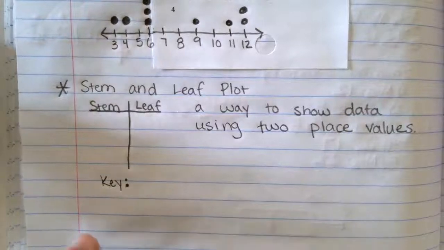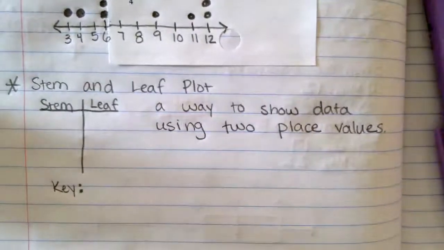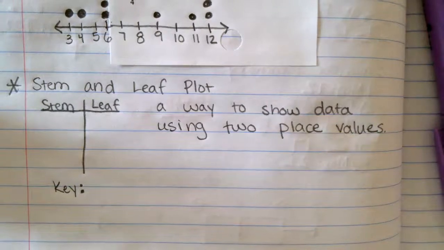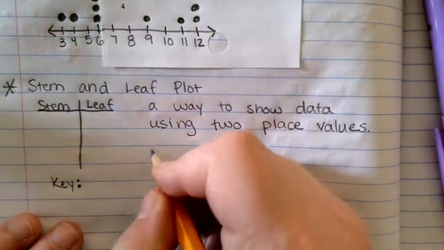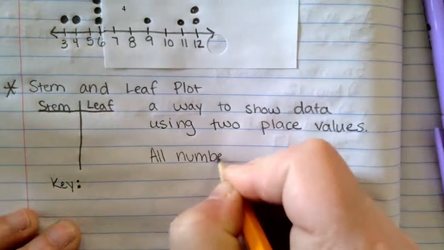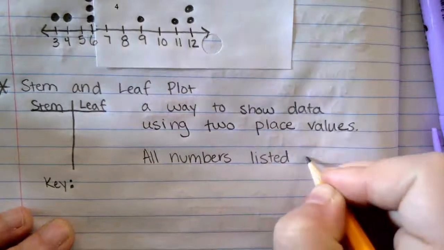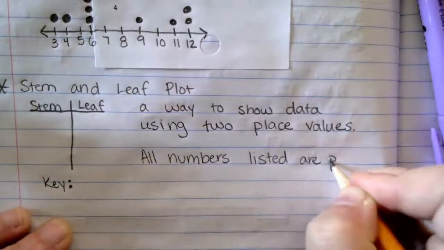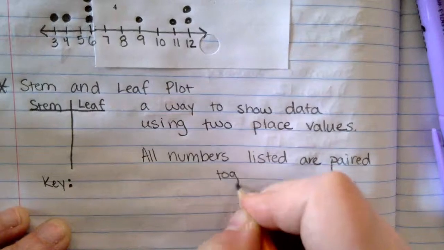Okay, and what's always important is that all numbers listed are paired together. So every leaf, every number in the leaf goes with a stem. We have that little line, and a leaf.